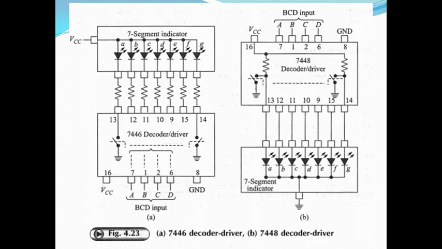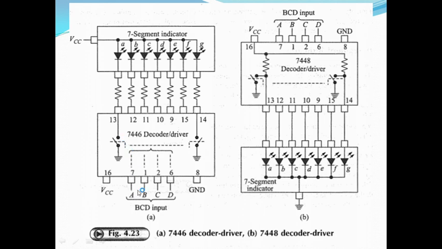Here this is the 7446 IC. This is a 16-pin IC. Pin number 16 is for VCC, pin number 8 for the ground. This is a TTL IC. ABCD is the BCD input. You give the BCD input. Inside the circuitry, bipolar transistors are utilized, working like switches.